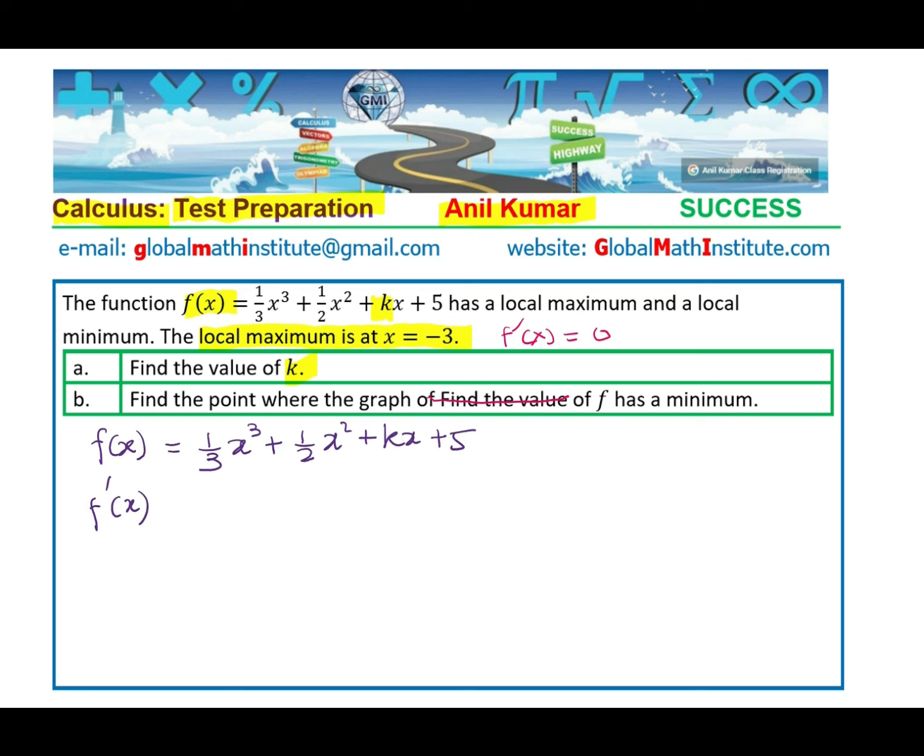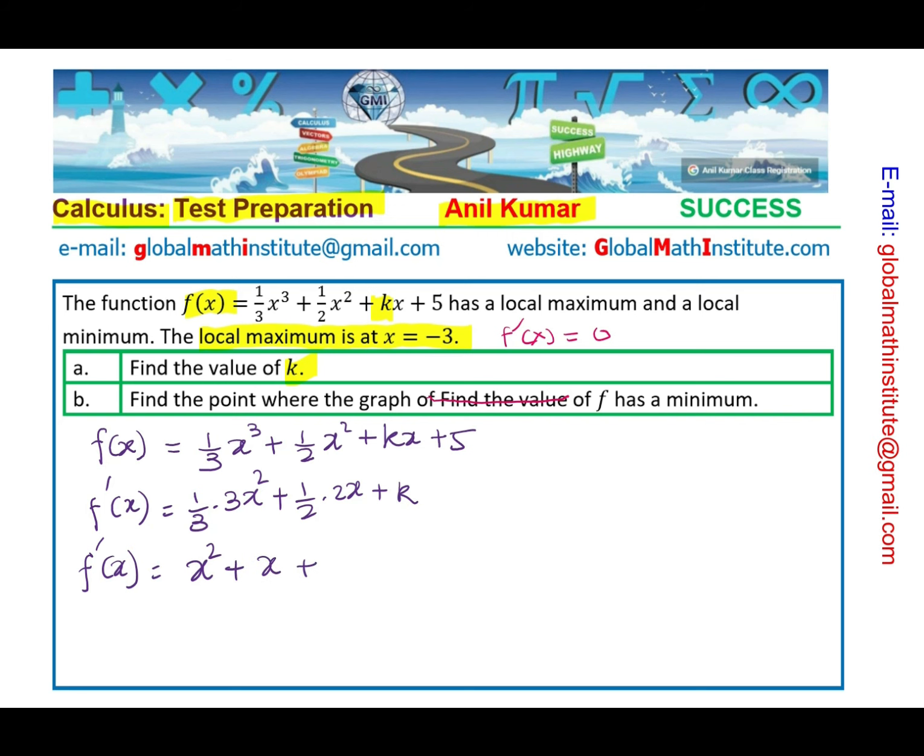Derivative applying the power rule will give 1 by 3 times 3x squared plus half times 2x plus k. Let's simplify this. So we get here x squared plus x plus k, right?